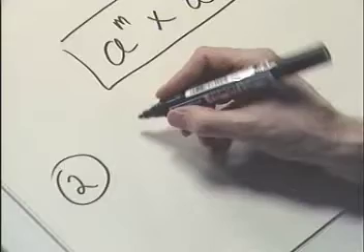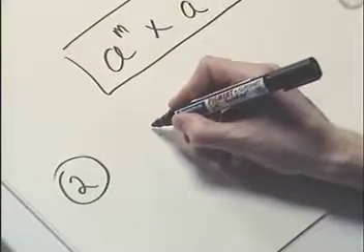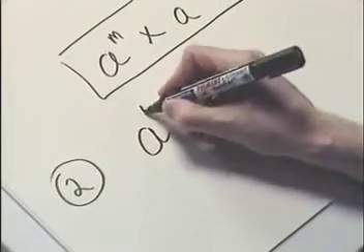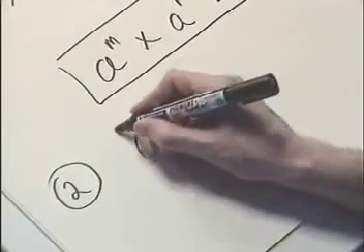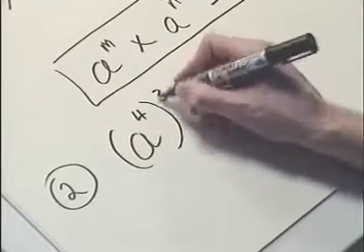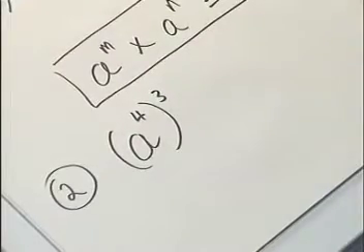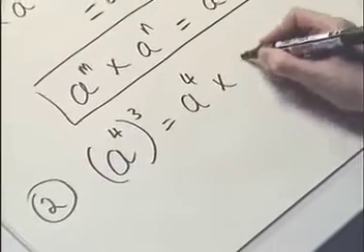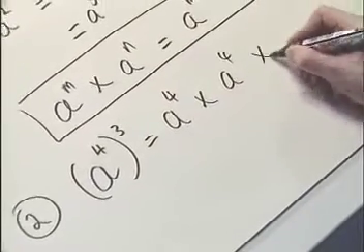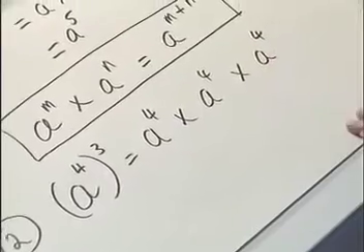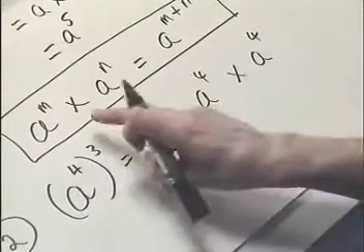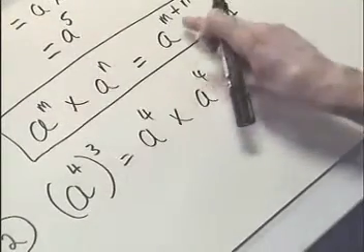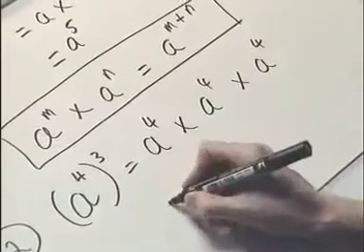Let's have a look at our second rule. We've already done something like this previously. Supposing we had a to the power 4 and we wanted to raise it all to the power 3. And we know what that means. It means a to the power 4 times by a to the power 4 times by a to the power 4. And our first rule tells us that we should add the indices together.